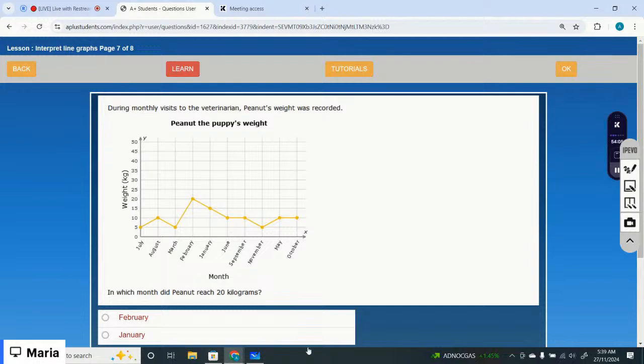The correct option is February. Option number 1 is the correct option.